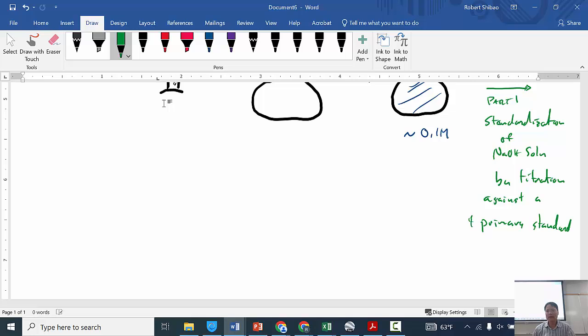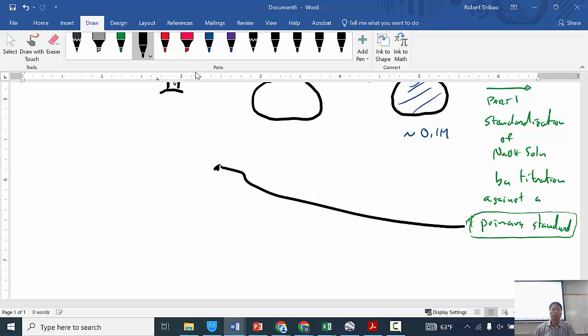A primary standard has to meet certain criteria. Number one, you have to be able to purchase it in high purity, so it needs to be available in high purity.